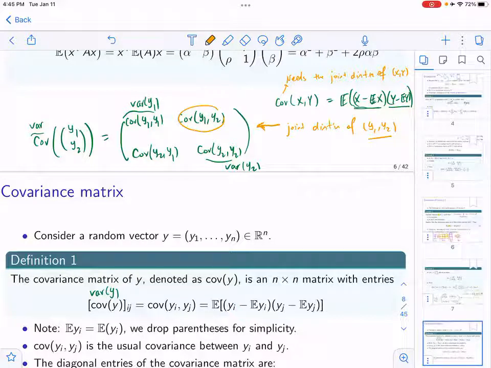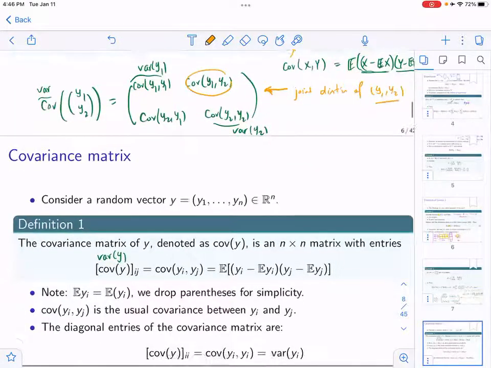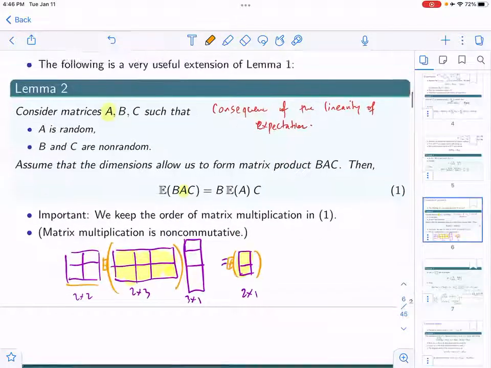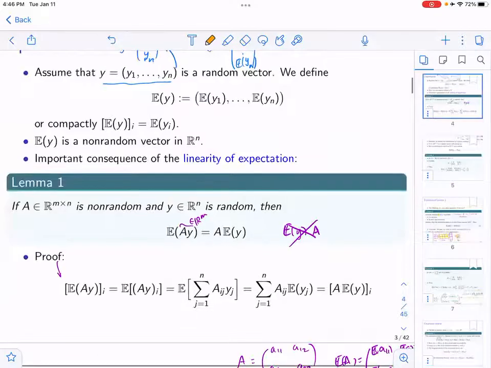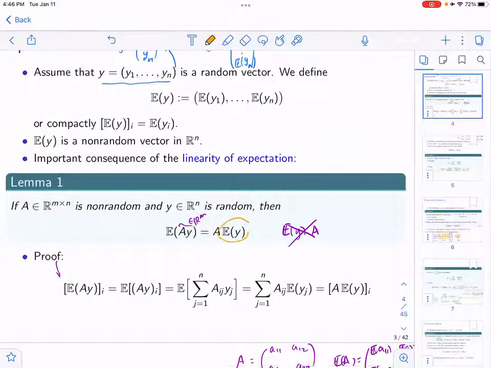But in practice, in this course at least, what we are going to do is reduce the computation of this to computation of simpler things. We're going to use properties, like, for example, this property that I mentioned: if you know the expectation of y, you can compute the expectation of a times y.